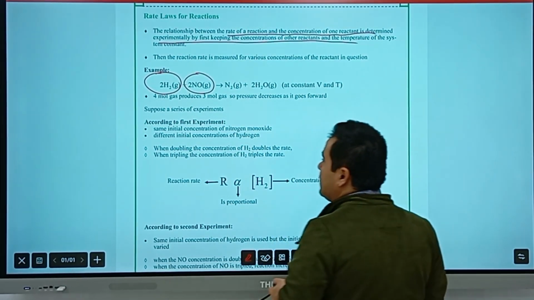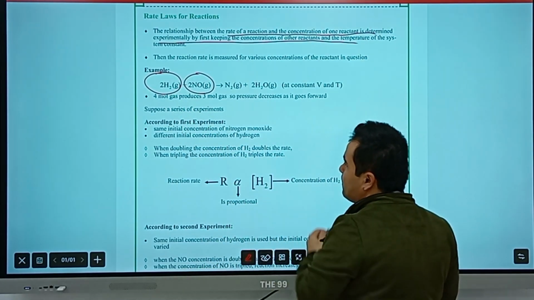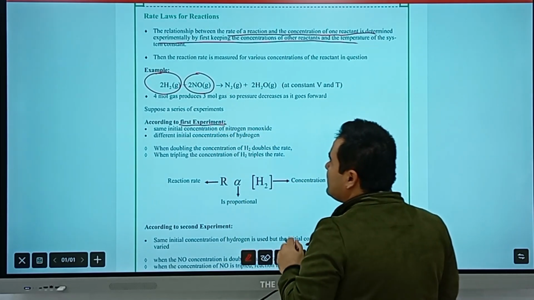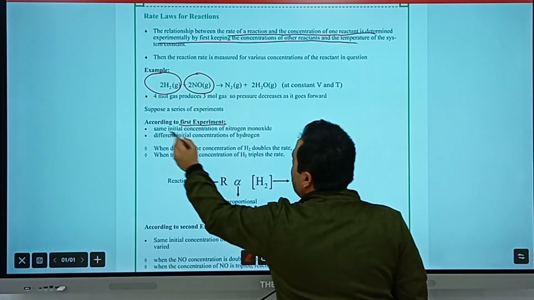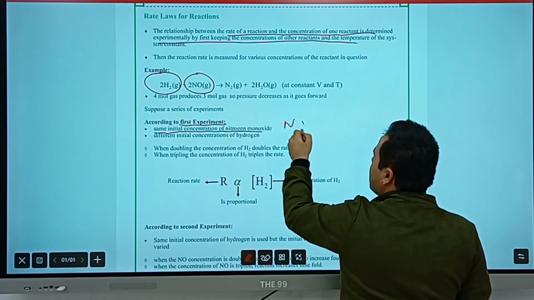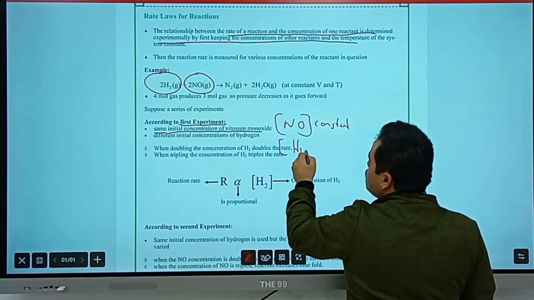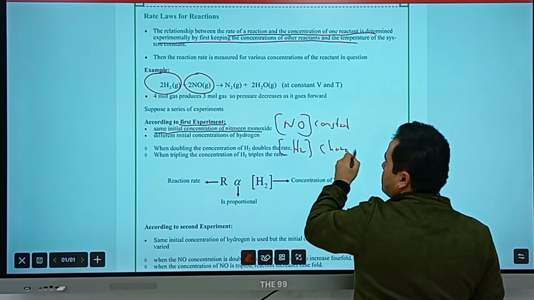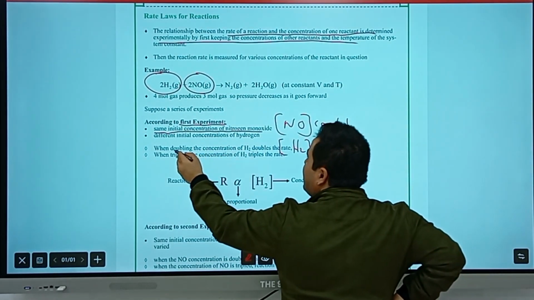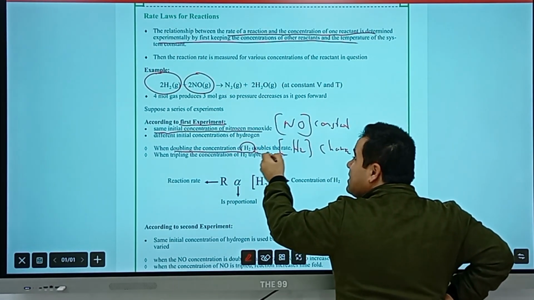Guys, experimentally, the scientists have done two experiments. Why? Because we have two reactants. First, according to the first experiment, they let the initial concentration of nitrogen monoxide be constant. So in the first, NO is constant and they change the concentration of H2. When they double the concentration of H2, it doubles the rate.